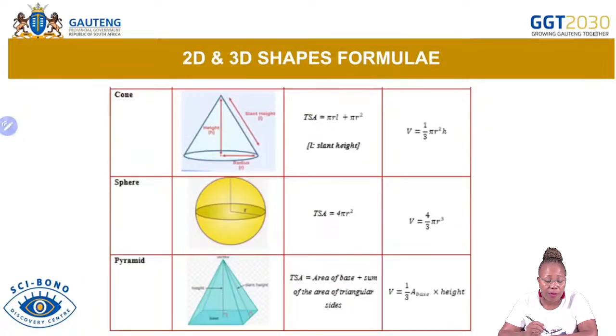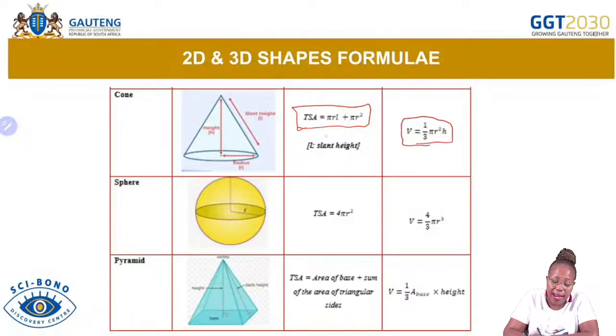Right, and then we have the cone. The surface area of a cone will be pi r l plus pi r squared. And then the volume of the cone will be 1/3 of pi r squared h. And this L here represents the slant height, grade 12. Do not mix your heights.